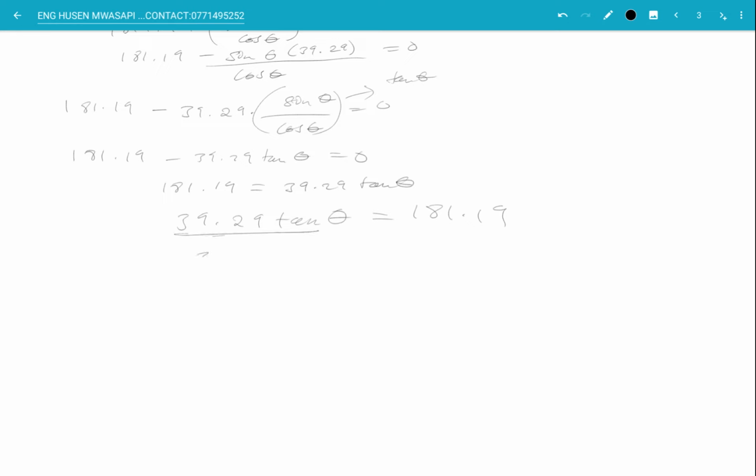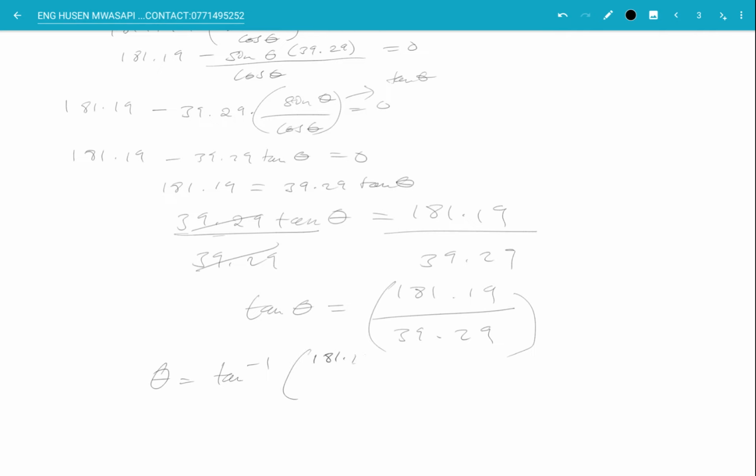Divide both sides by 39.29, and you have tan theta equal to 181.19 over 39.29. Since you're interested in theta, theta is equal to tan inverse of 181.19 over 39.29, and I can find what theta is.